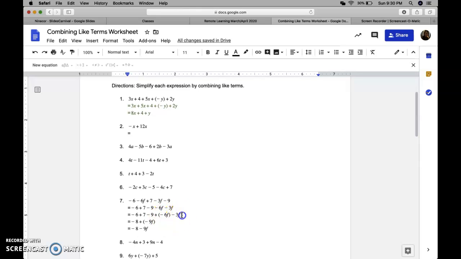But for me, and maybe for most of you, maybe not most of you, it's just easier to think negative 6f minus 3f, that's negative 9f, and just making sure I don't ignore that negative right there. That minus belongs to the 6 as a negative. So it's negative 6f minus 3f, and that's minus 9f.